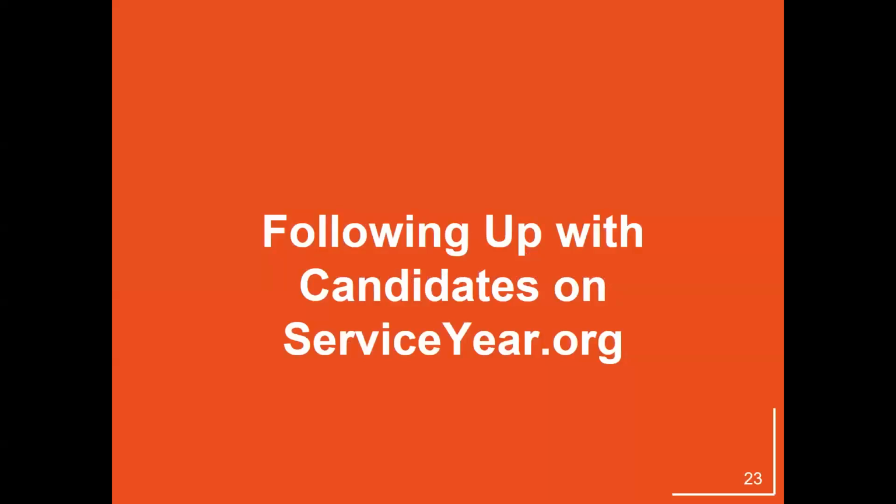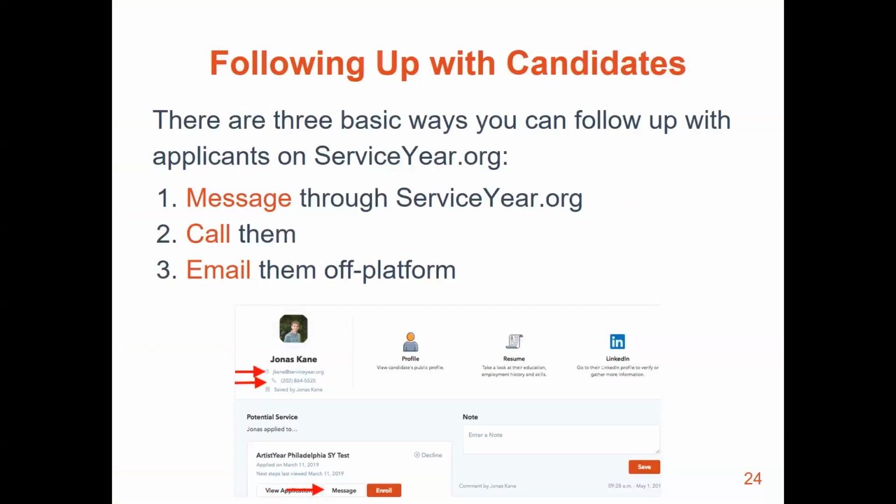So that's just a little bit in terms of how to get to and review information. Also just wanted to spend a little bit of time talking through what following up with candidates actually looks like. When you're getting to this space of reviewing and deciding if someone's going to be a good fit to follow through and continue in your application process, there's a couple of key ways you can look at doing that.